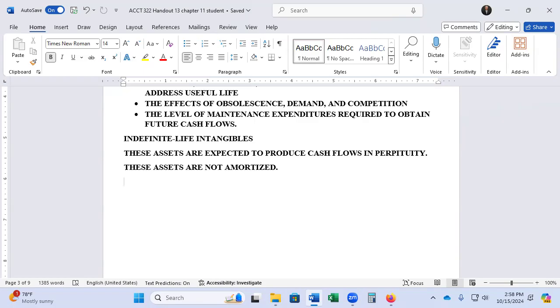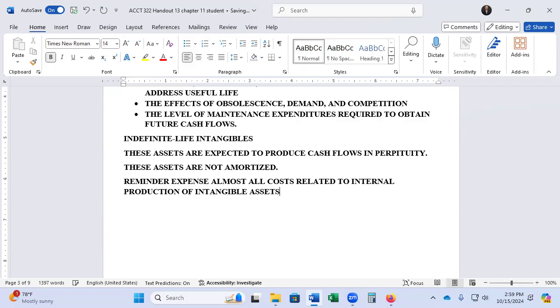Okay. And now, just a reminder, expense most or almost all costs related to internal production of intangible assets.